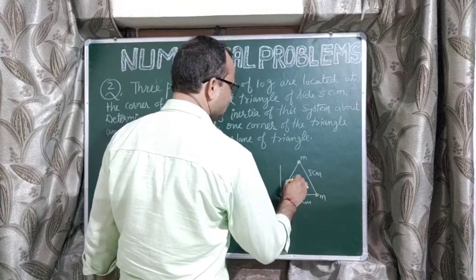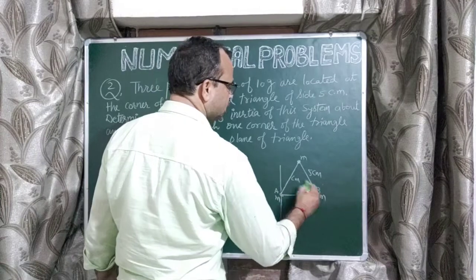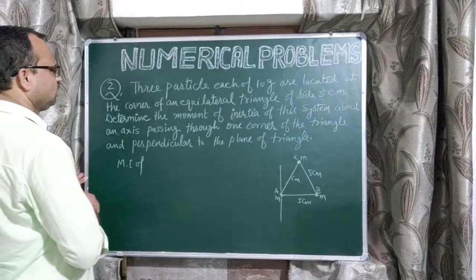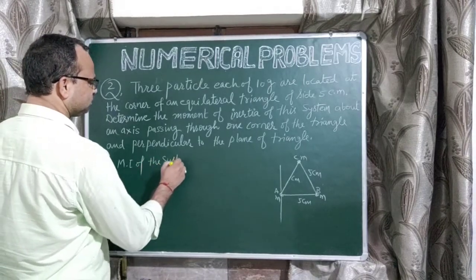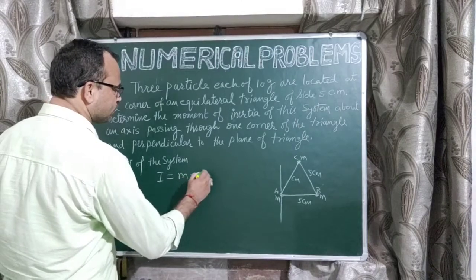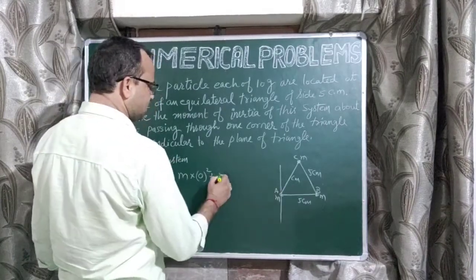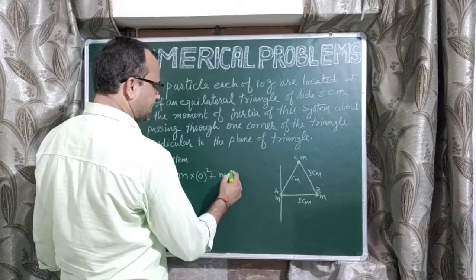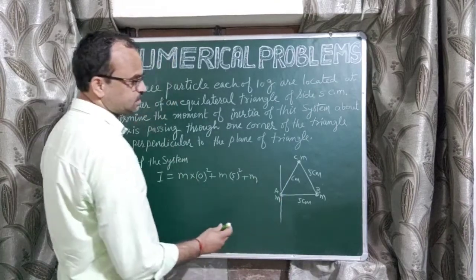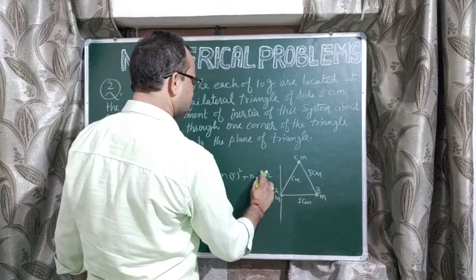Suppose the points are A, B and C. So the moment of inertia of the system is I equal to m into 0 square, because the distance of this particle from the axis is 0, plus another mass m into the distance, which is 5 centimeter, square, plus another mass m into the perpendicular distance, the distance when this particle rotates about the axis, so again the distance is L, meaning again 5 centimeter square, right?